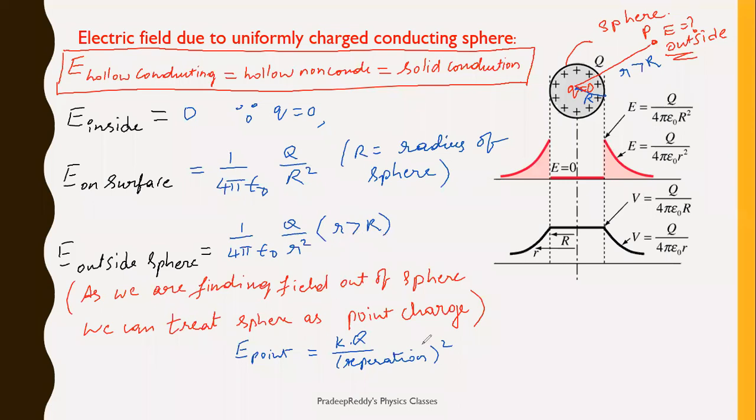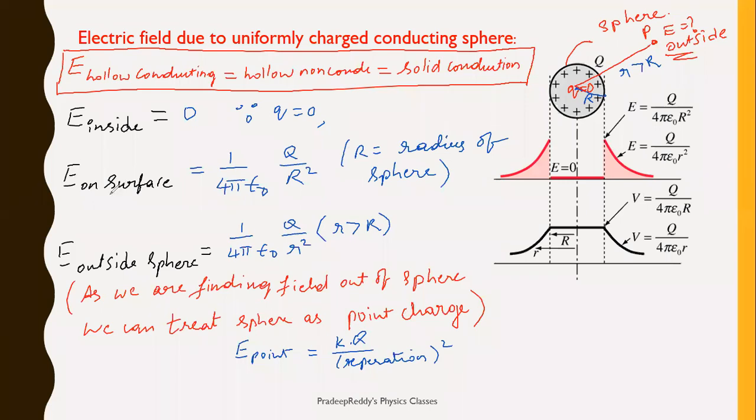Therefore, in case of a conducting or hollow spherical charge distribution, the inside field is 0. On the surface, this value is fixed, 1 by 4 pi epsilon naught Q by R square. And outside the sphere, its value is variable with respect to r, right? So now let me write down the conclusion.